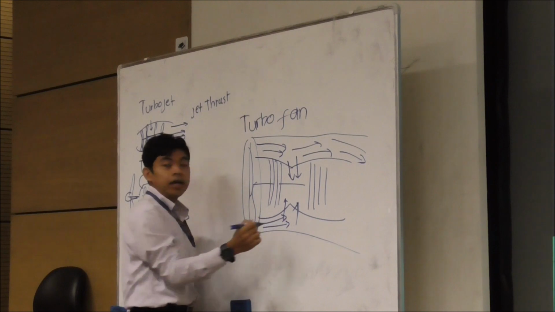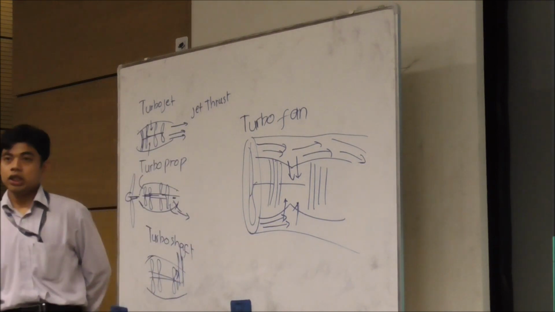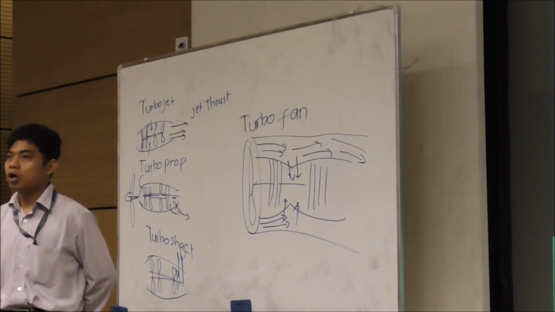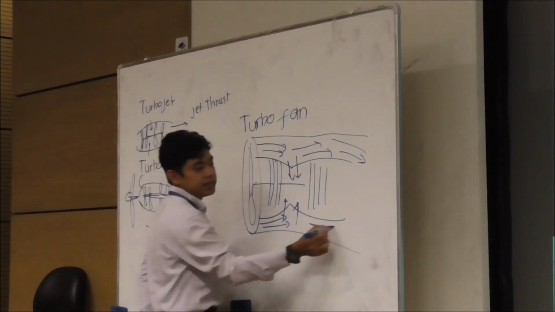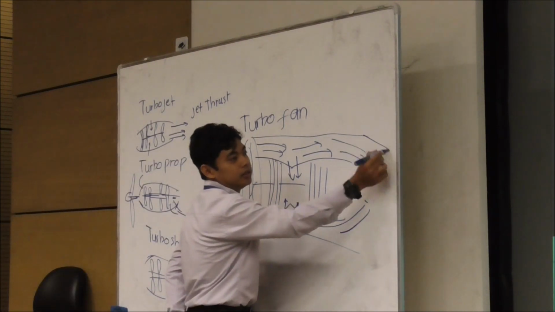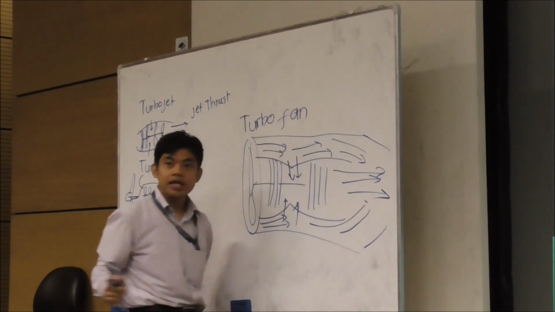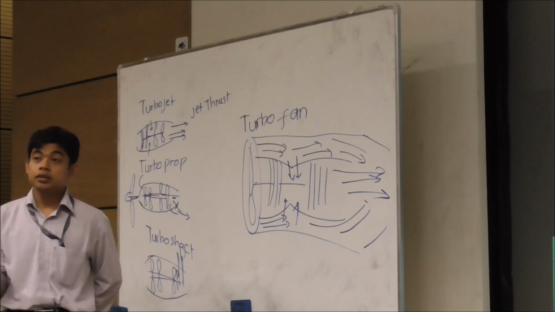Why unburned? Because if you have cool air, the density will be higher compared to hot air. Hot air usually is lighter. So you mix them here, then you provide a much larger thrust while burning much less fuel.